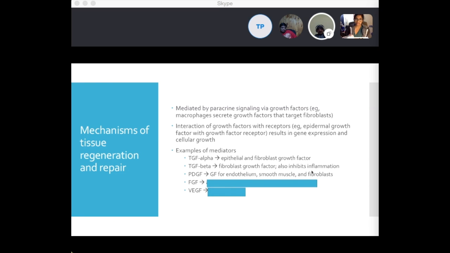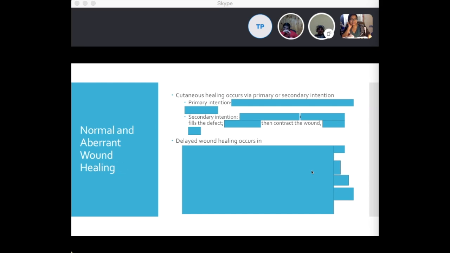So fibroblast growth factor is important for angiogenesis and also mediates skeletal development. And then we have VEGF. What is this important for? Also angiogenesis. We made it through. I promise it's not as horrible as it looks.